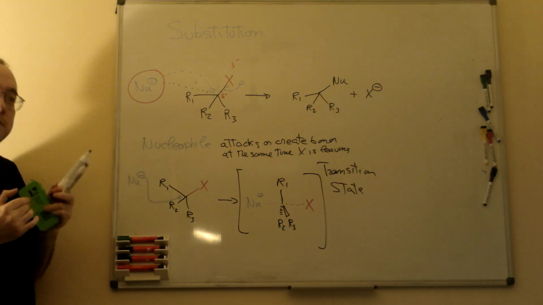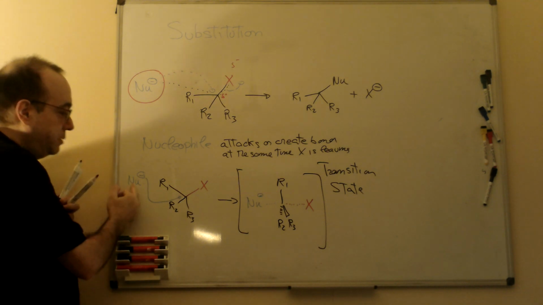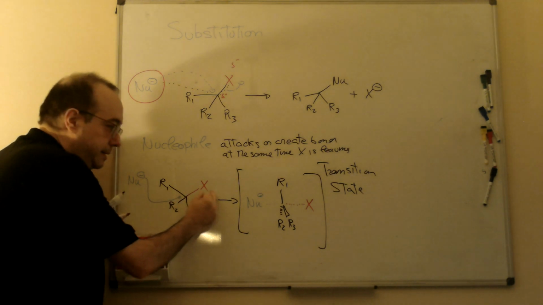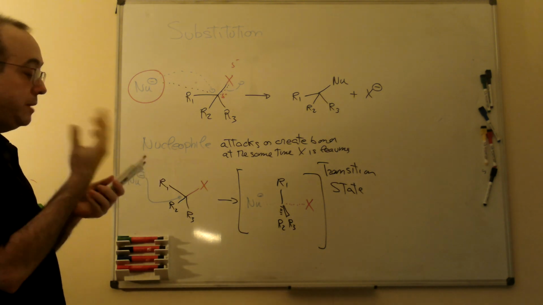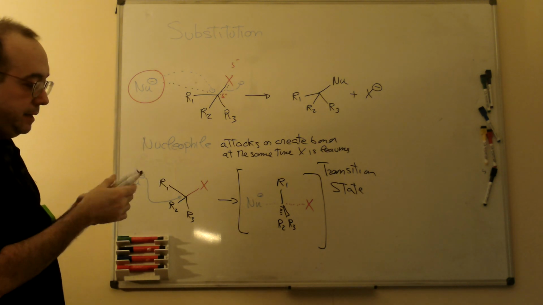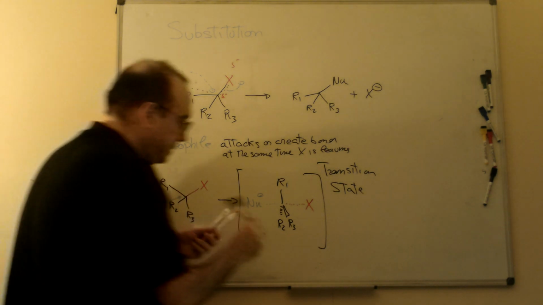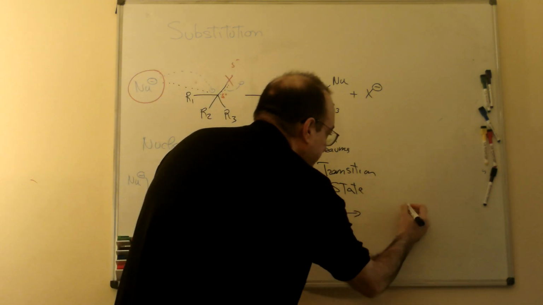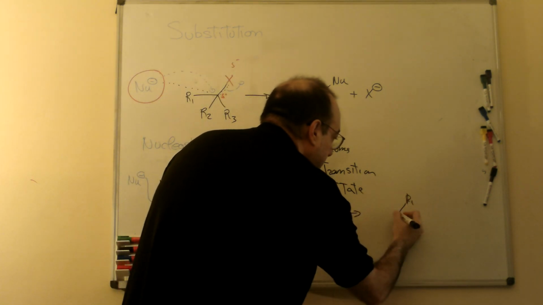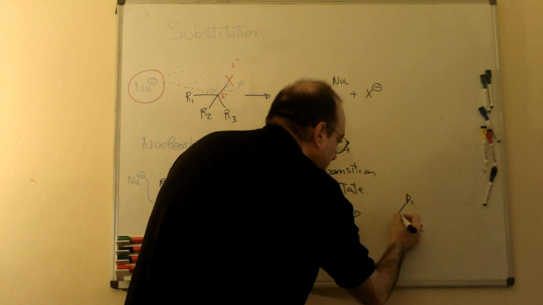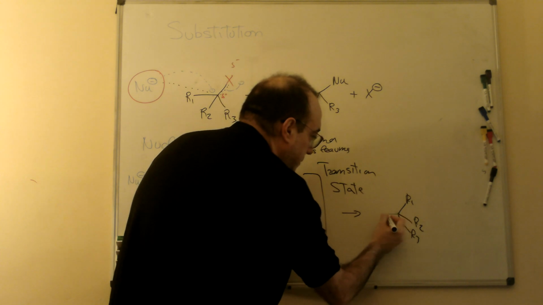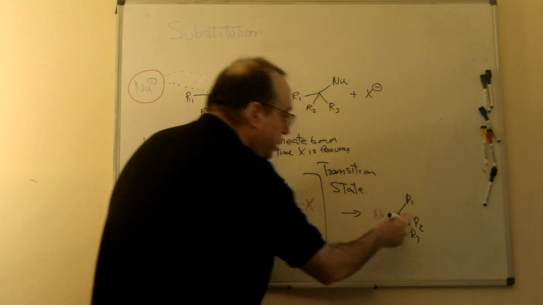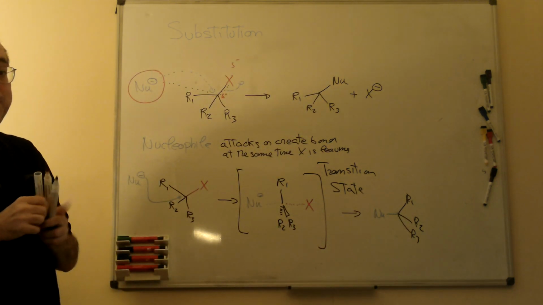The nucleophile attacks at the same time that the leaving group is departing, breaking the bond between the carbon and the halogen, and then what we get is the final product with inversion of the configuration.